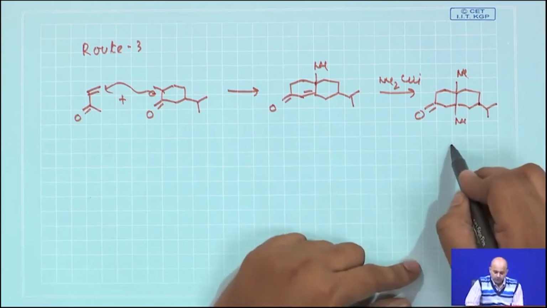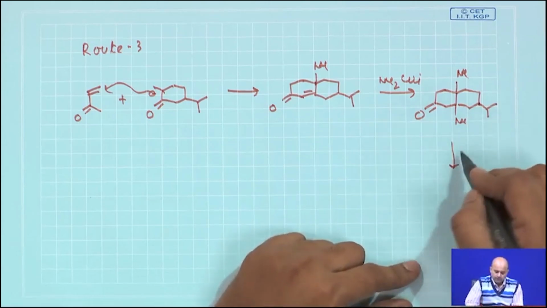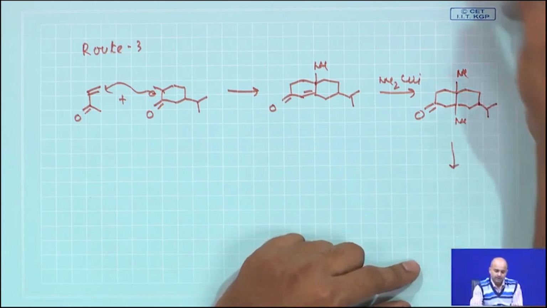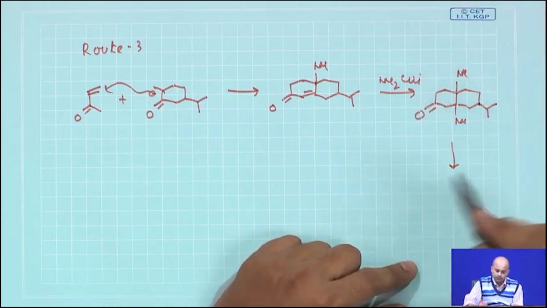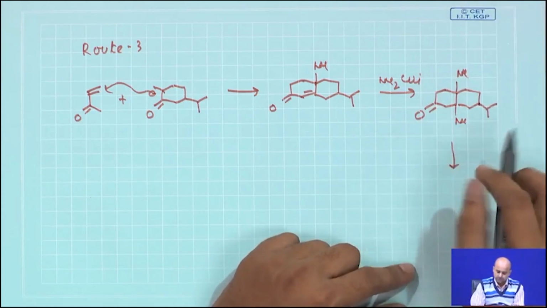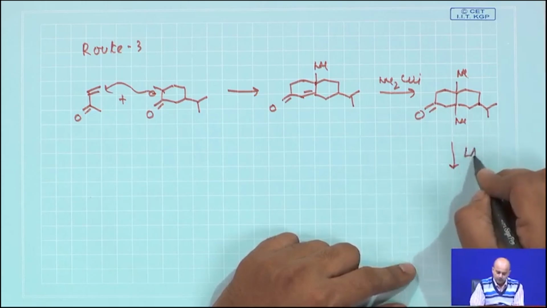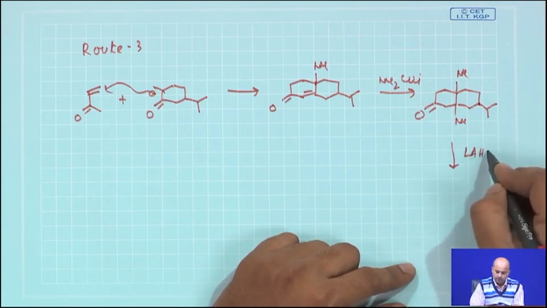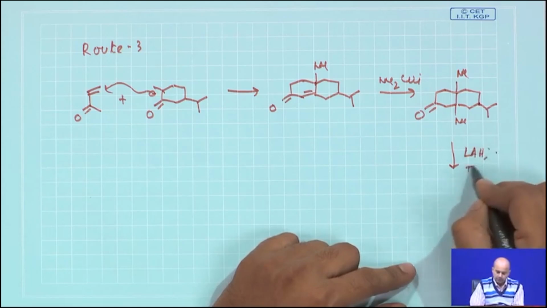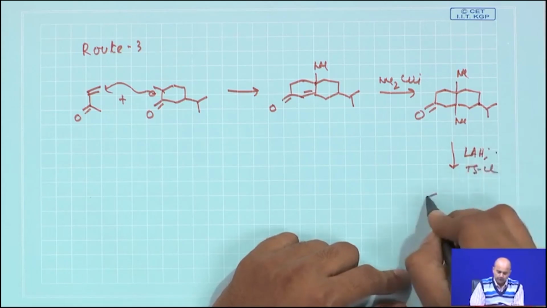Now, the retro which was drawn next is that you have to generate an olefin, as you can see in the earlier piece of paper. So, now you have to reduce these with lithium aluminum hydride and convert this alcohol to the corresponding tosylate.